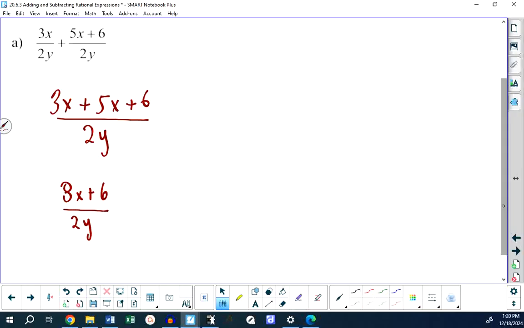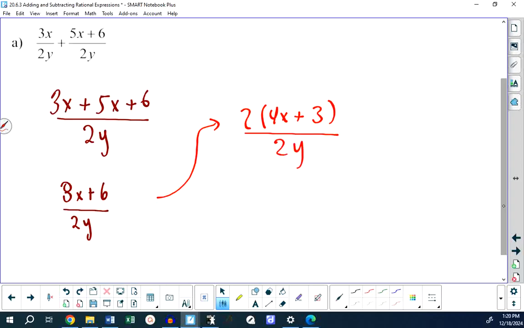Can I cancel anything? Yes, but only if I cancel properly, which means to factor and cancel. I don't want to just do something like this and just say, well, 8 over 2 is 4 over 1. I can't do that. What I need to do here is take a 2 out of the numerator, and then, well, let me back up here.